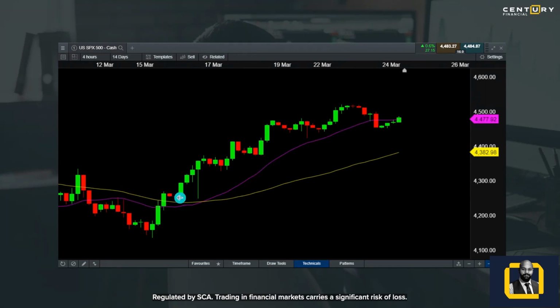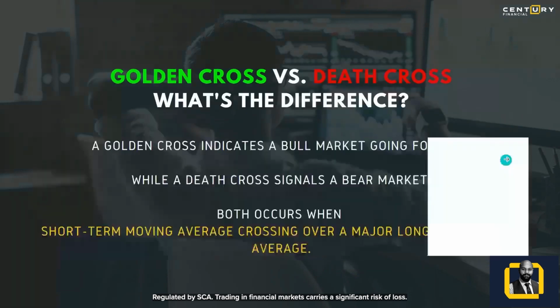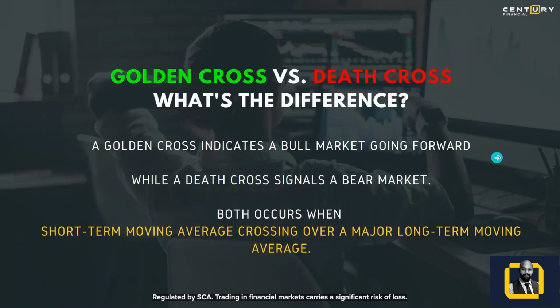So whenever you see a faster, shorter-duration moving average move above a longer-duration moving average, it indicates that the uptrend has begun, and you can take advantage and ride the uptrend when a crossover happens. The most commonly used crossovers are the golden cross and the death cross.